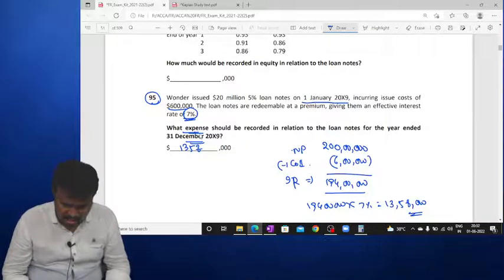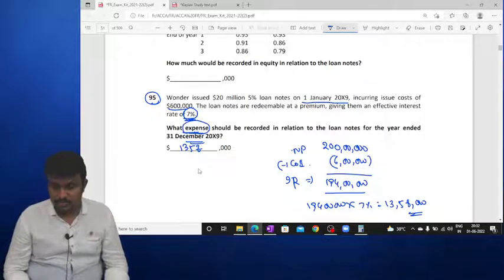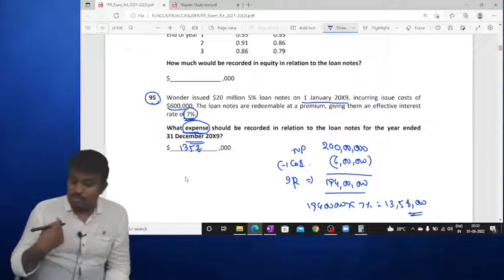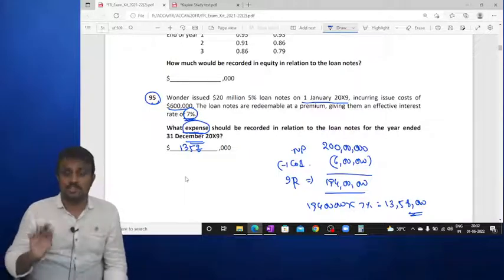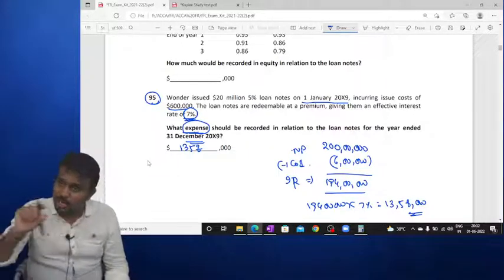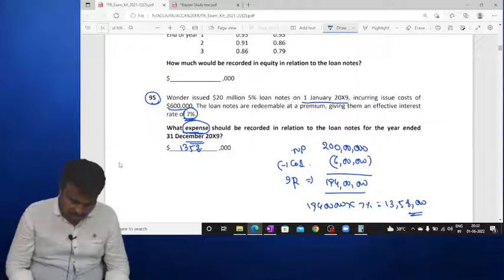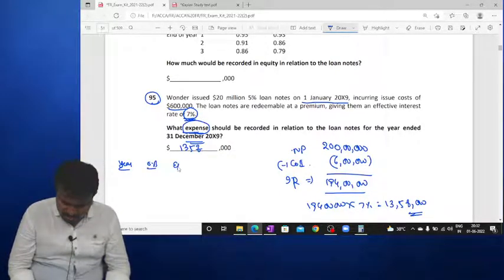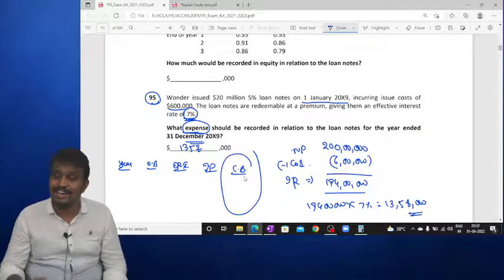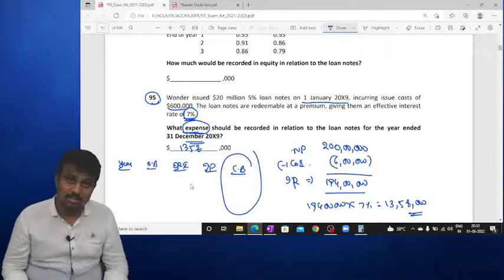Here they are just asking for the amount of expense. For example, if the question says to calculate the closing balance, then it is better to draft the table with year, opening balance, effective rate of interest, interest paid, and closing balance. This closing balance is the carrying amount to be shown in the statement of financial position.